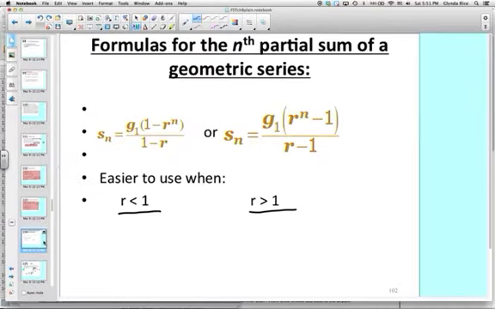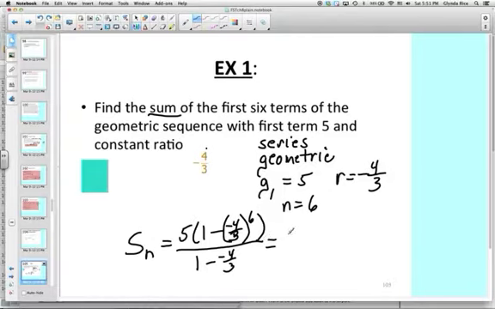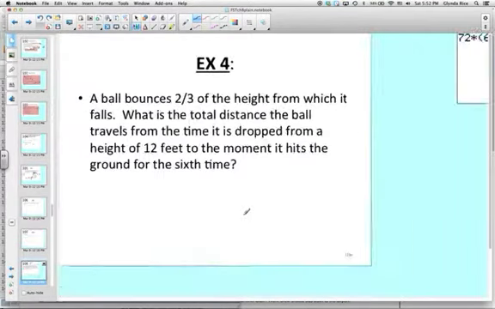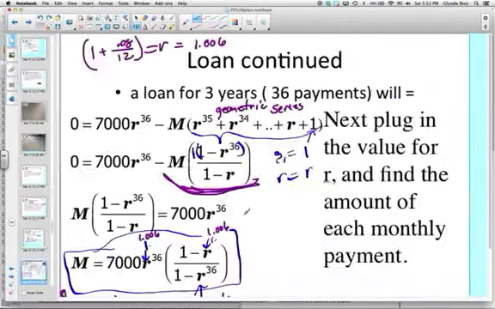Let me go back and double check. Got it. Okay, 5 times 1 minus, when you take -4/3 to the 6th, I will reach for my calculator. Let's hope I have batteries.